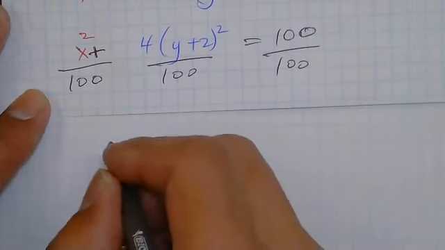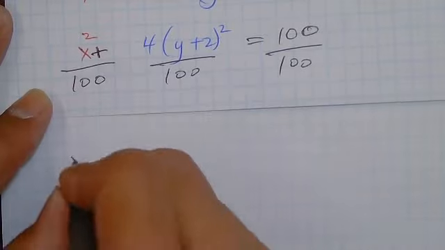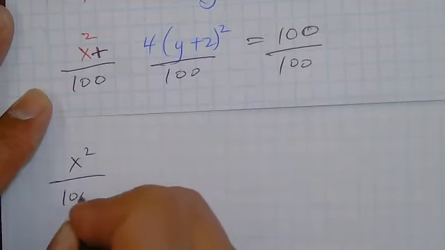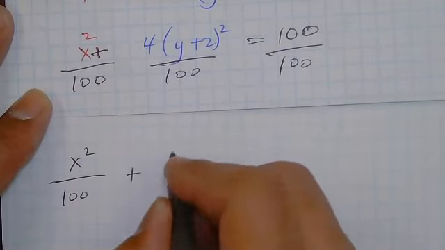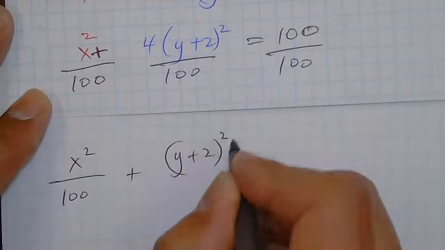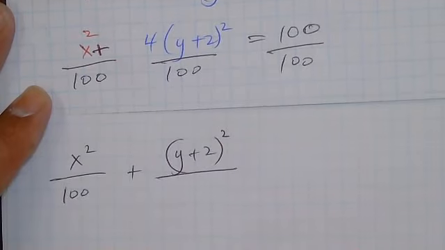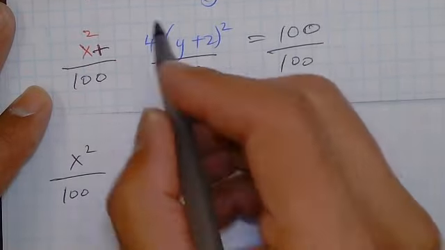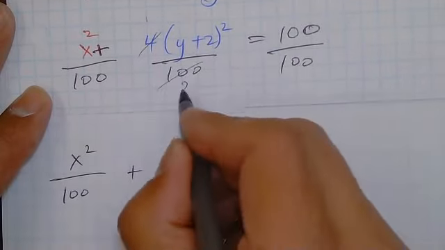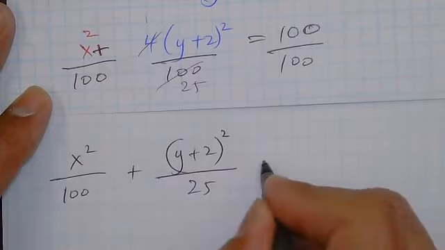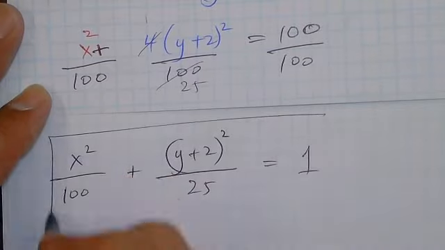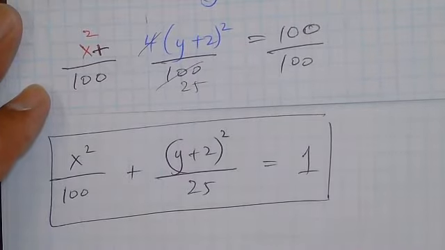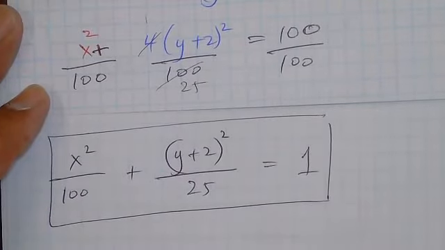And then we're going to get our final equation. What's the final equation? X squared over 100 plus y plus 2 squared over what? Remember, these can reduce. Yeah, 4 goes into 4 one time, 4 goes into 100 25 times. 25 equals 1. There it is.